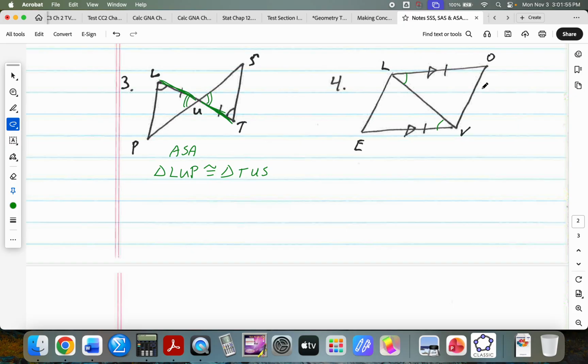So what about the reflexive property? What would it tell me? That middle line has a name, let's call him by his name. LV is congruent to LV. Yes. LV is congruent to LV by the reflexive property.